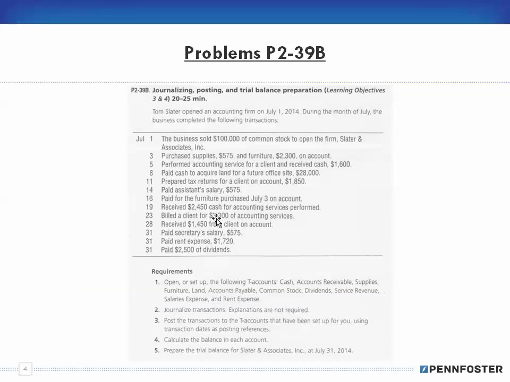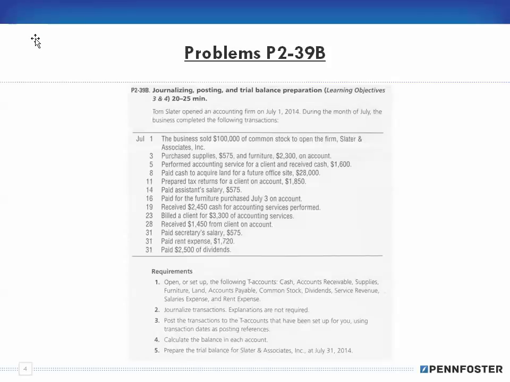Okay. All right, so we just opened up our accounts, and we set them up in T accounts. Now it says journalize the transaction. So the business sold 100,000 of common stock to open the firm, and that's July 1st. So 7/1, I'm going to debit cash because I'm affecting cash, and we increase our cash on the debit side.